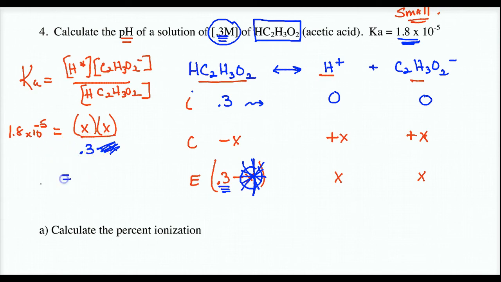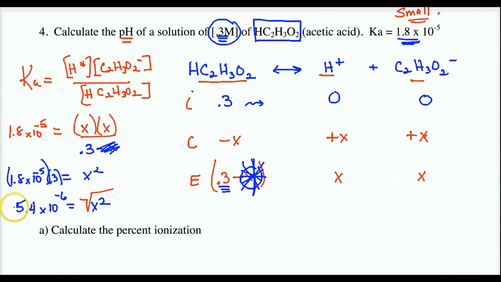So simplification, 1.8 times 10 to the negative 5 times 0.3 equals x squared. So going further, 1.8 second EE, I don't like the caret key, times that by 0.3, and that gives me 5.4 times 10 to the negative 6, and this is x squared. So what do you think I'm going to do to solve for x?